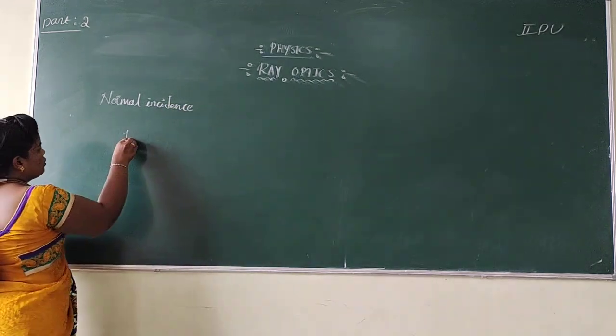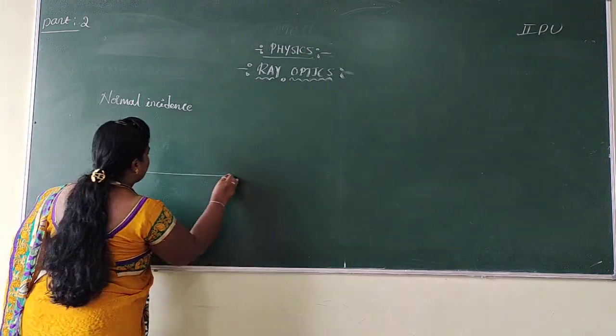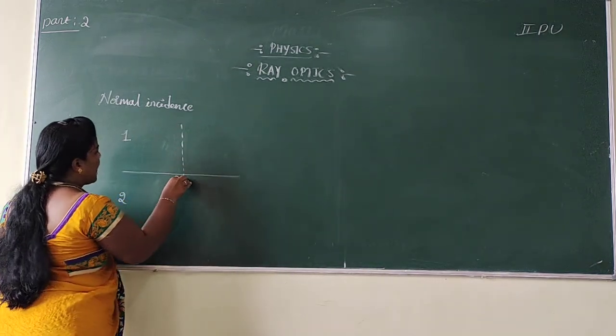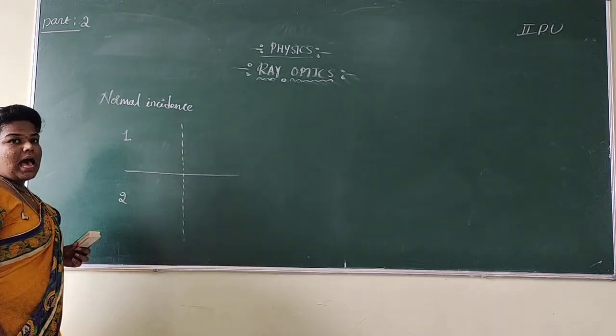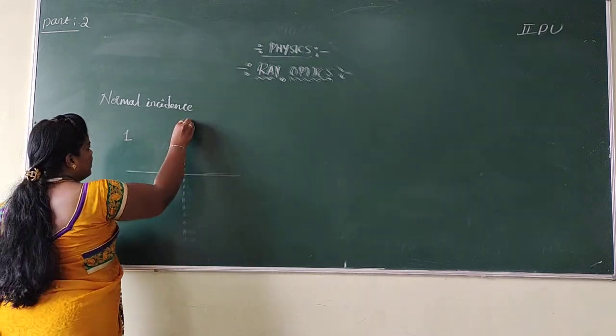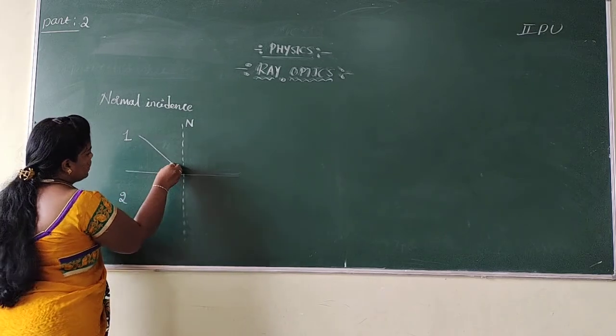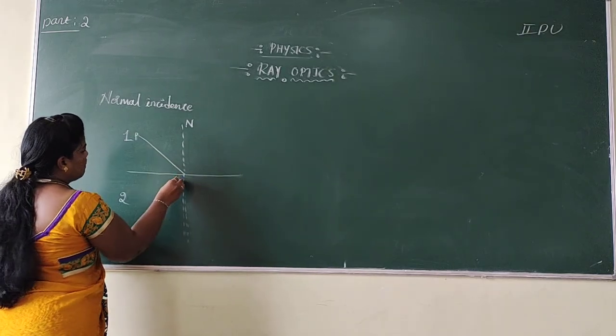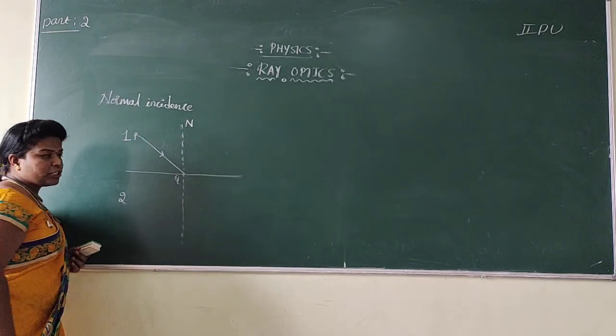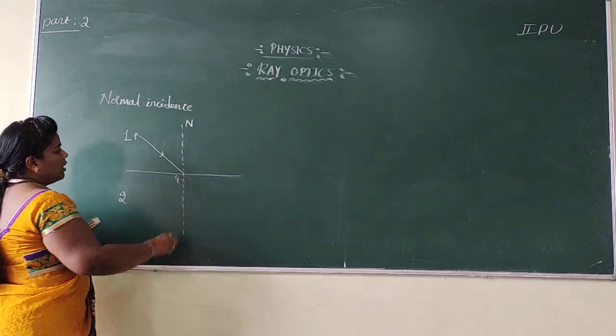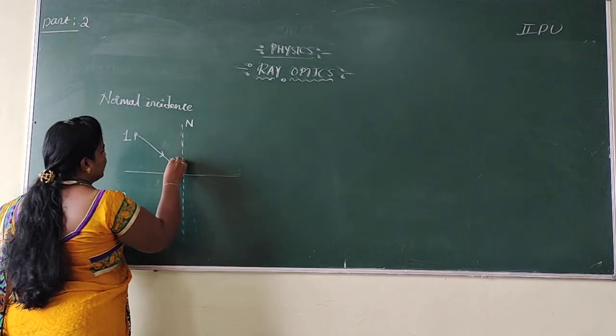I am considering two different mediums, call them medium 1 and medium 2, and I am drawing the normal, represented by L. Let us incident a ray of light PQ, which is the direction of the incident ray with an angle of incidence i.